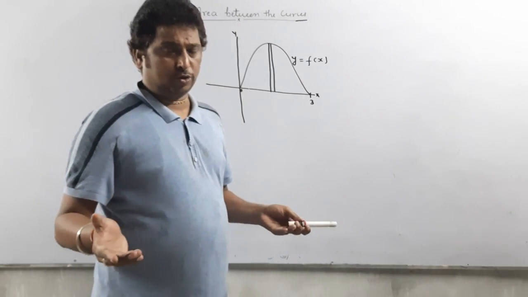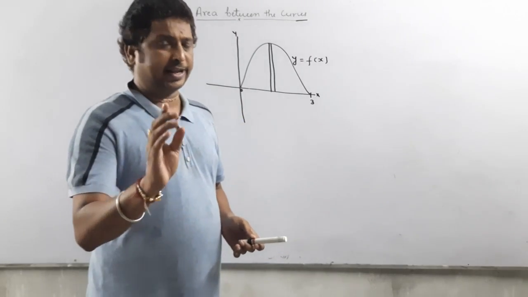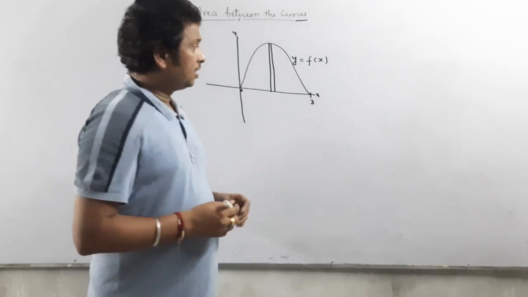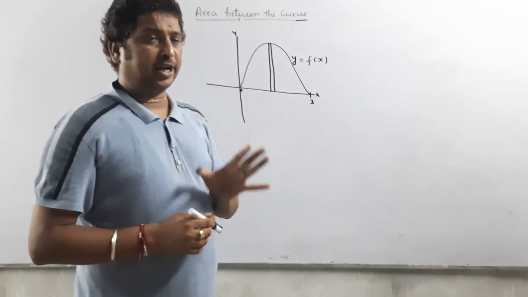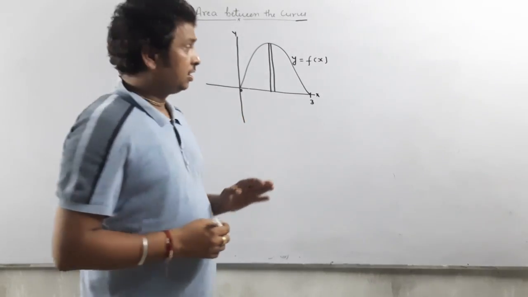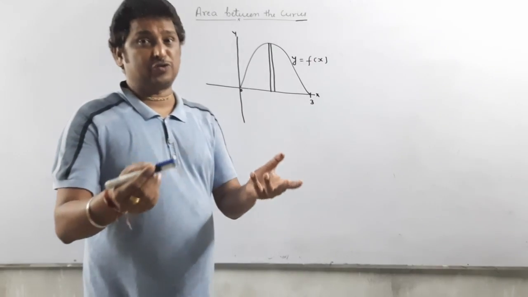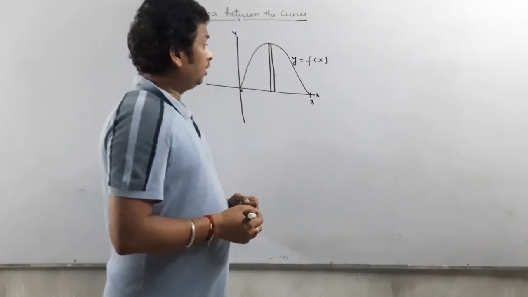You are free to draw the line either vertical or horizontal. I will explain what we do when we take a horizontal line. Suppose I have taken a vertical line. Once you draw the vertical line in that region, suppose the region is divided into 2 parts because the curve changes its shape. I will explain in some question.